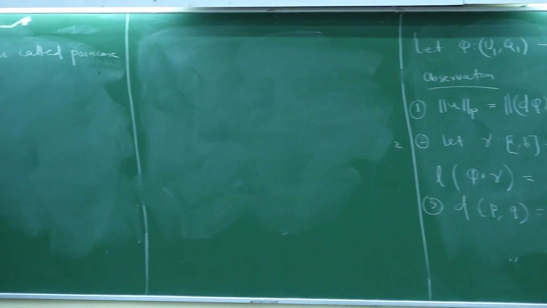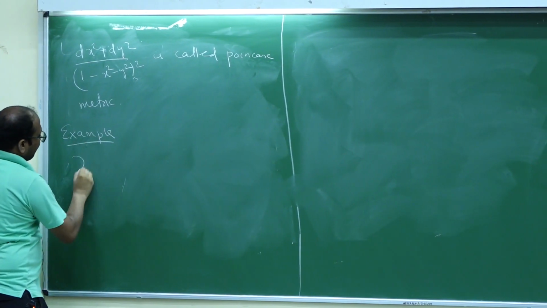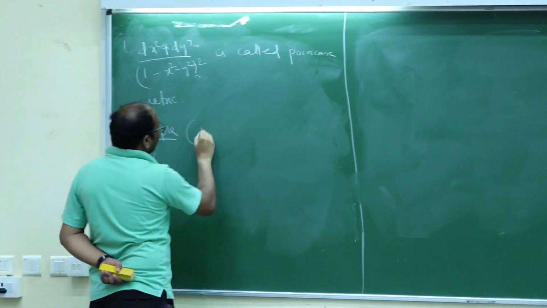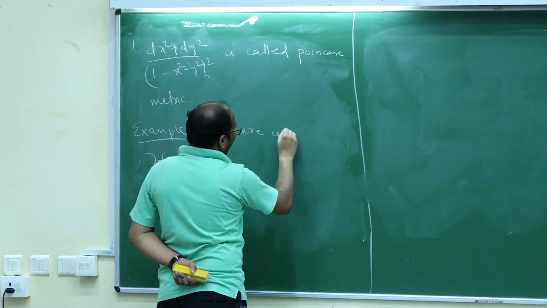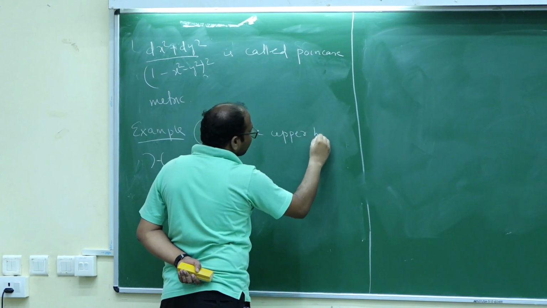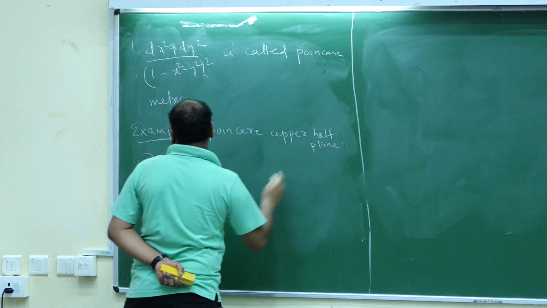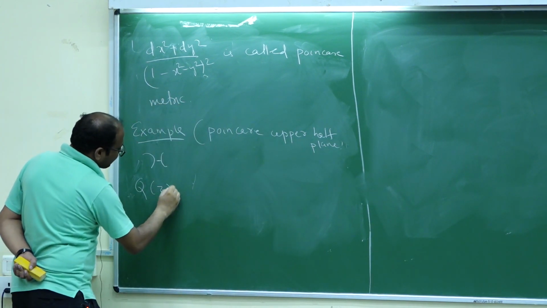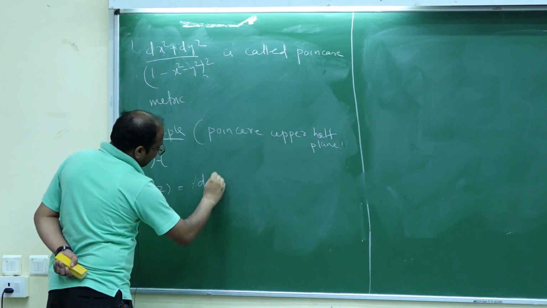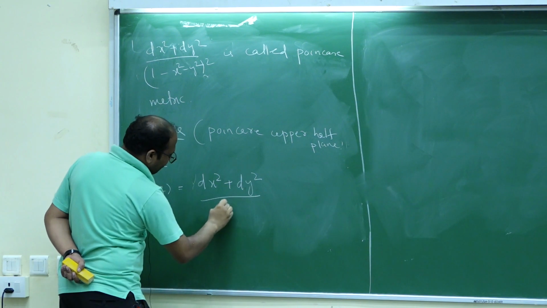Second example is your own architect, and that will be called the Poincaré disc. What is the metric here? The metric is dx square plus dy square by 4 y square.